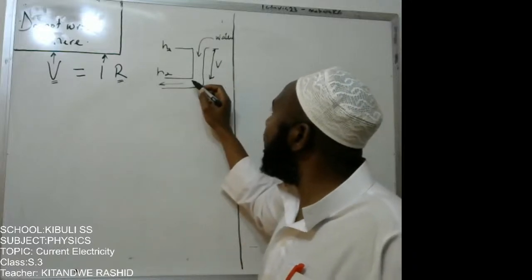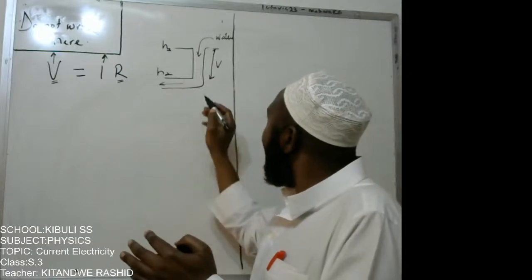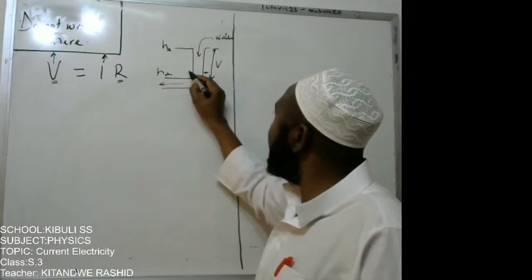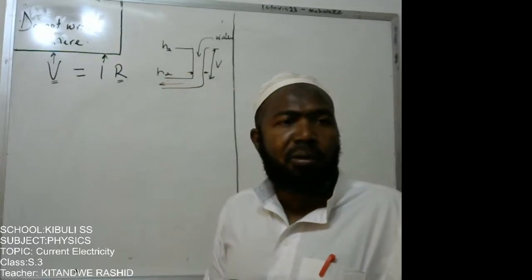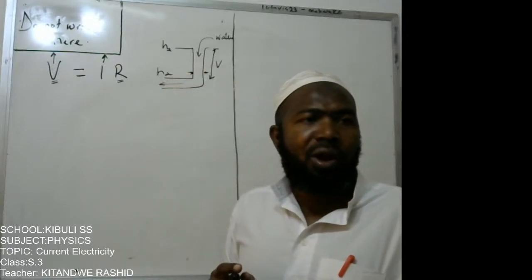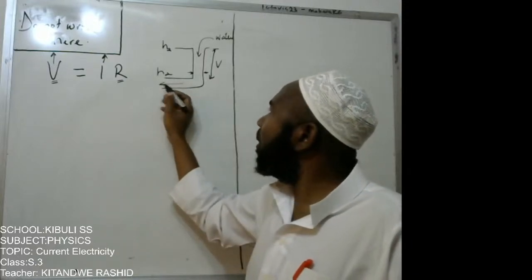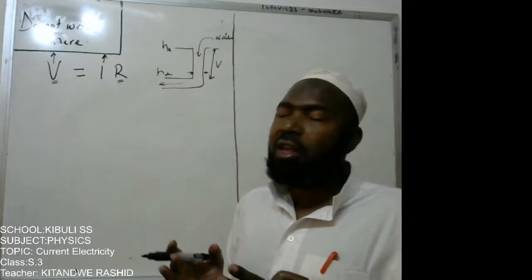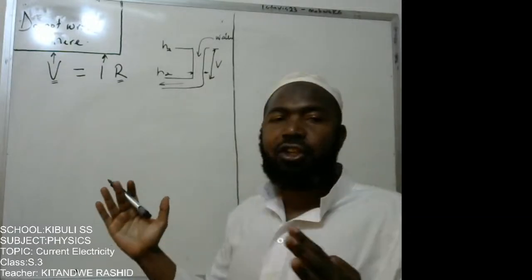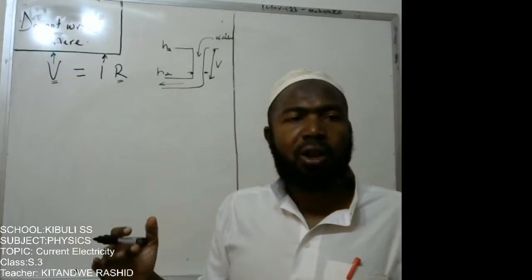Resistance here may depend on a couple of factors. One, how wide or thin the tube with which water is flowing is. Meaning that if the tube is thin, it implies the speed with which water is spouting out is going to increase. And if the pipe is large, it implies that the pressure is going to be low.